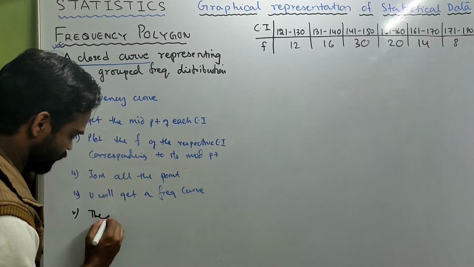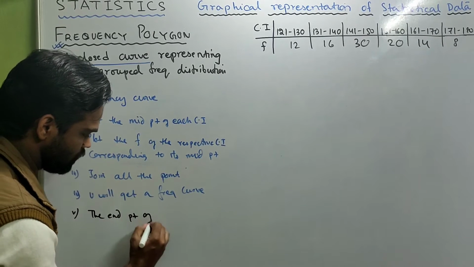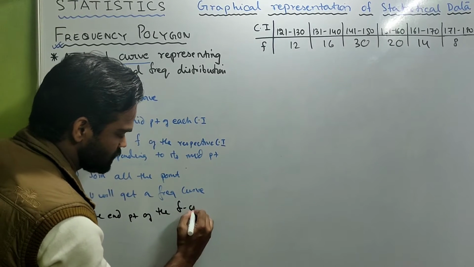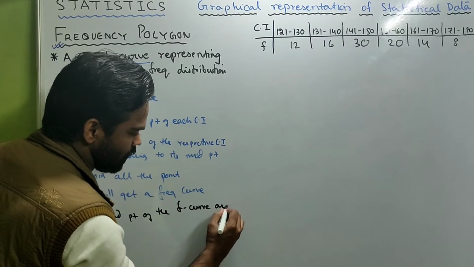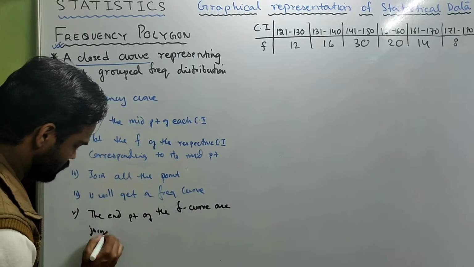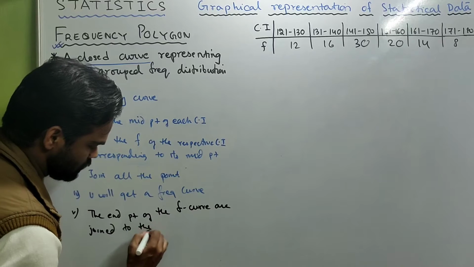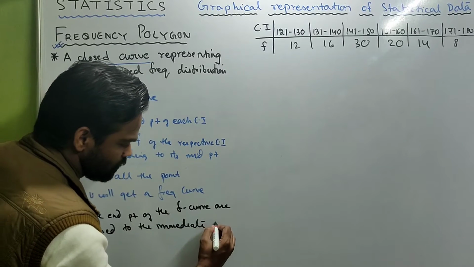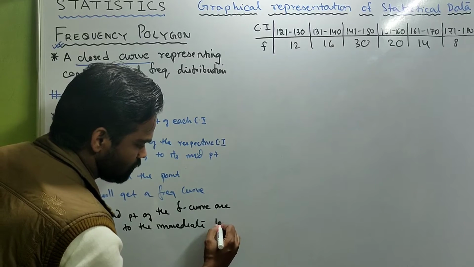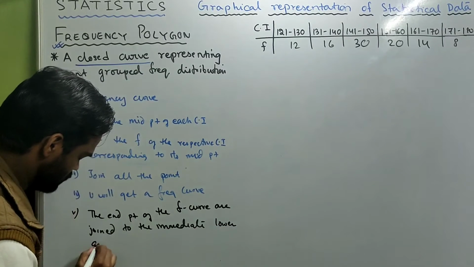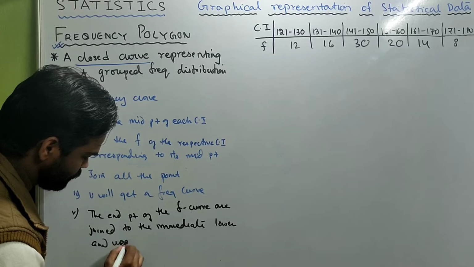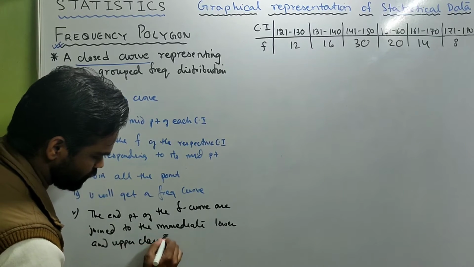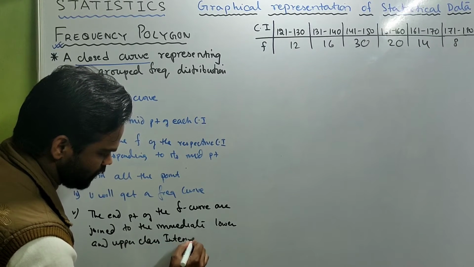The end points of the frequency curve are joined to the immediate lower and upper class intervals. What do I mean by the last statement? I'll tell you.